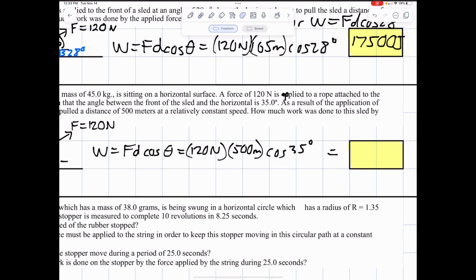Take a moment to put that in your calculator, please. Okay, if we did this correctly, our answer rounds down to about 49,100 joules.